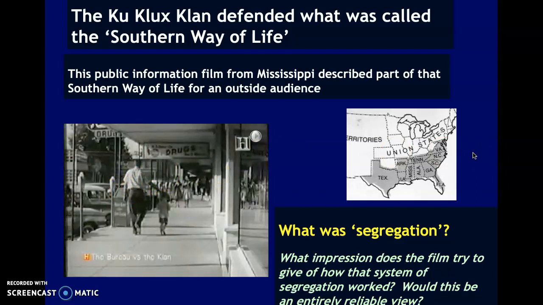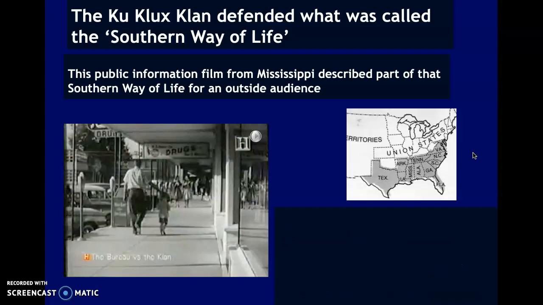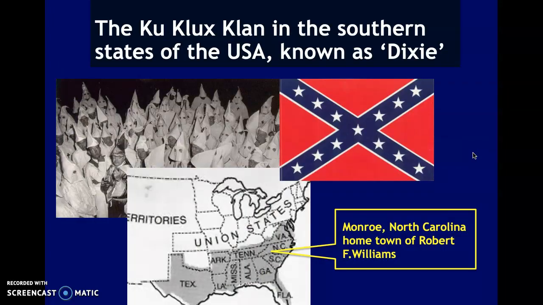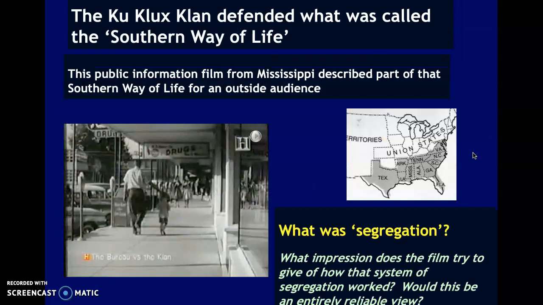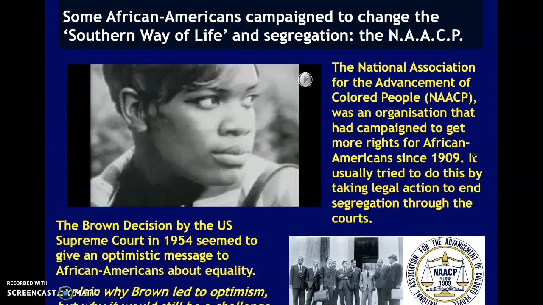Now remember, segregation it was the thing in between slavery and sort of equality. So after slavery, the KKK, the government of the South, enforced a strict separation of the two races, and that was known as segregation. But how does it present it in that film? And do you think it is a reliable view?